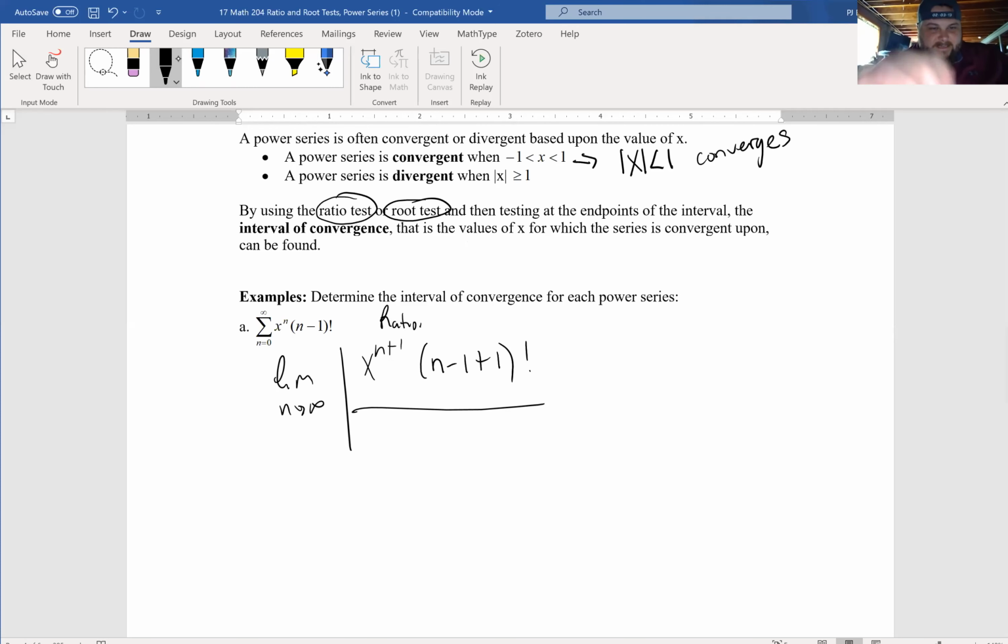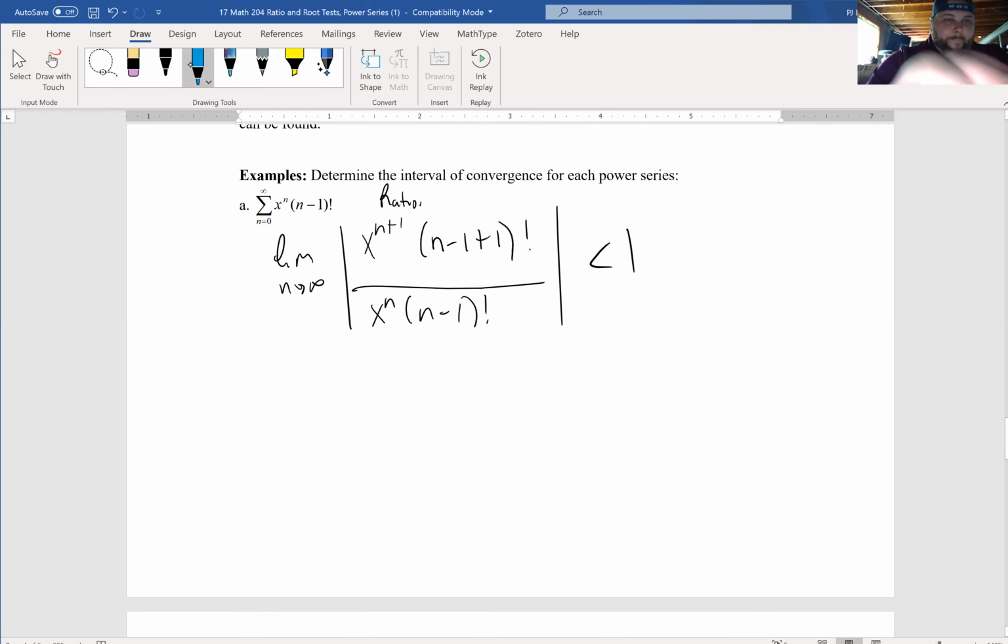And because this isn't a fraction, I'm going to go ahead and divide by the original as opposed to multiplying by a reciprocal. And I need that all to be less than 1. So the x to the n cancels. This is going to be x.